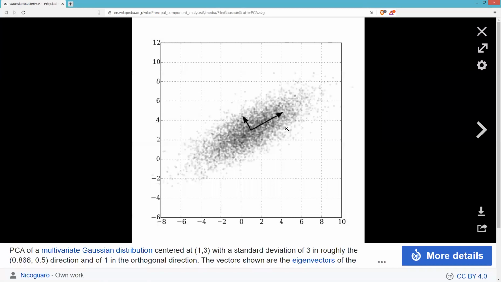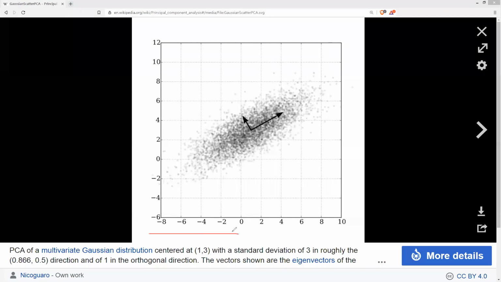So we currently have X and Y, right? We have this x-axis and this y-axis. And then we want to express the data points in a new coordinate system. And this is the new coordinate, new x and new y.